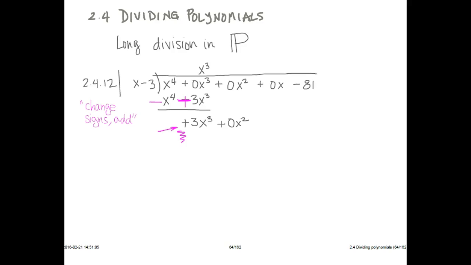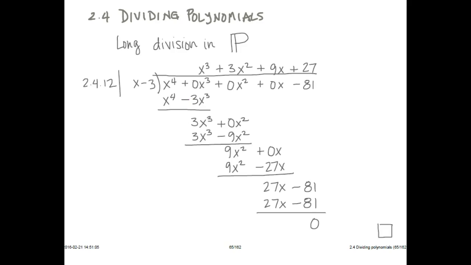I changed signs and added. Some students say that to themselves. I'm not crazy about that. I want to see the original. At any rate, here's my result. So x minus 3 goes into x to the fourth minus 81 without a remainder.